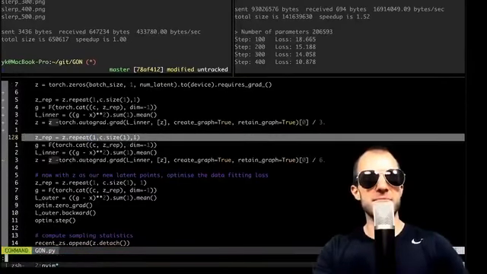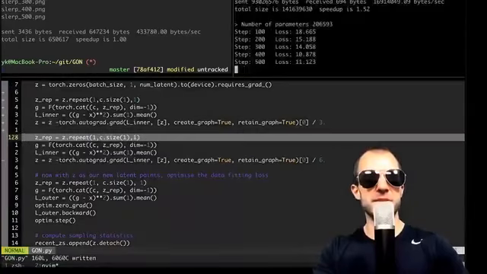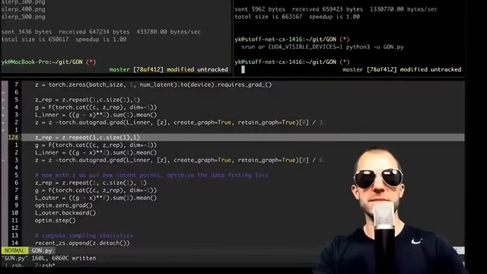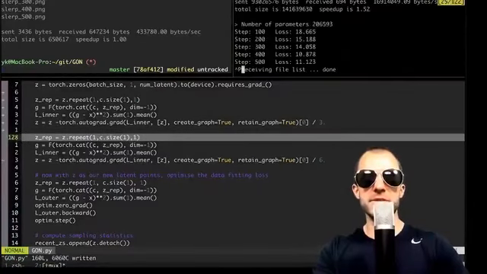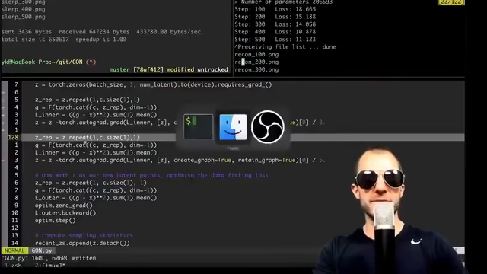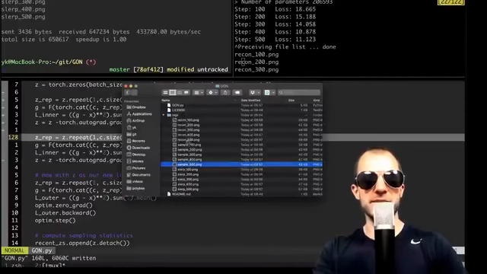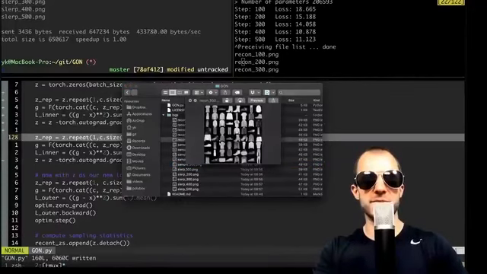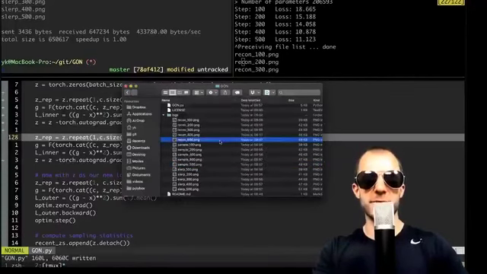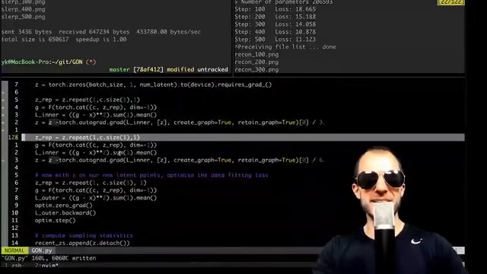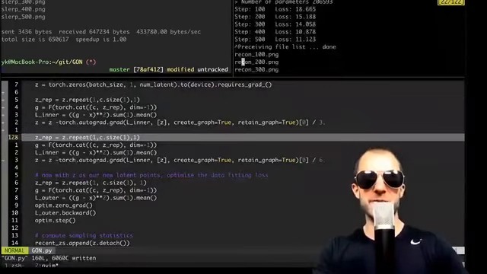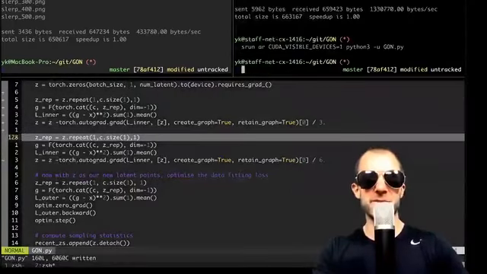Let's just take the 2 steps with the decreasing learning rate. Oops. You can see that the loss now is way down just because we did 2 steps of gradient descent. And the reconstructions, I guess we're overfitting a bit. This is now trading off the power of the encoder, decoder, and so on.